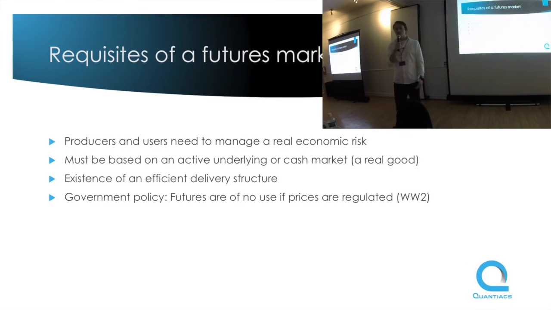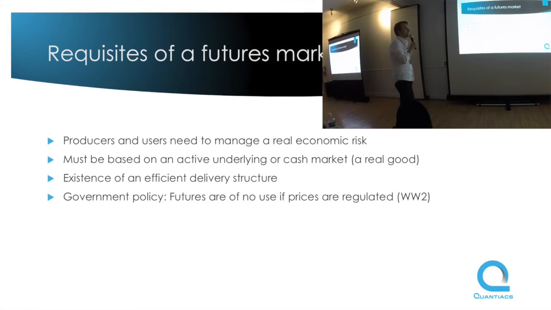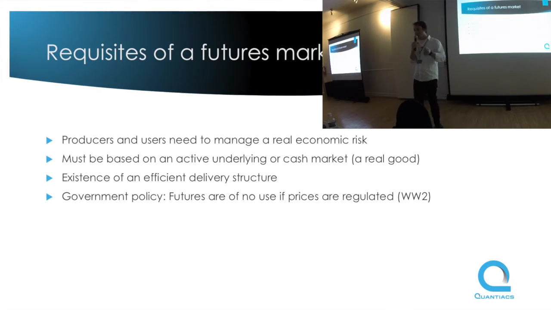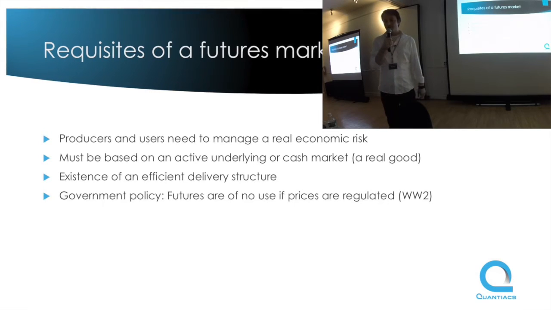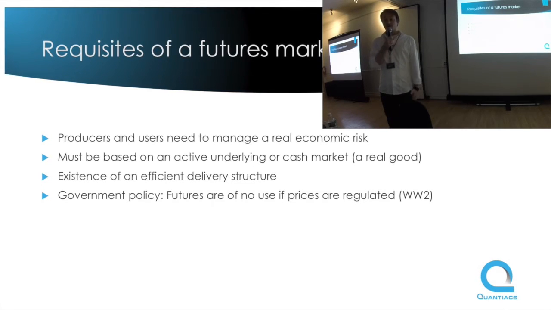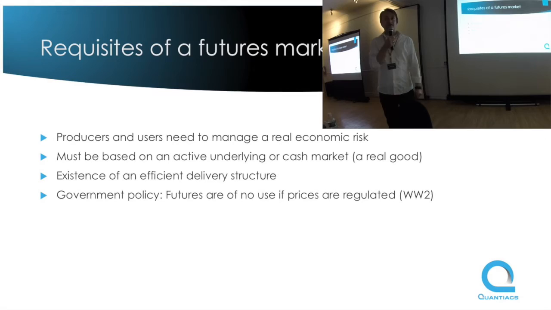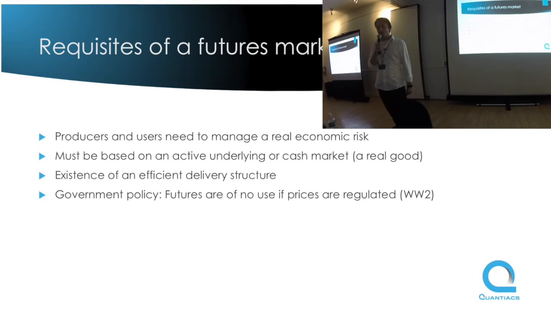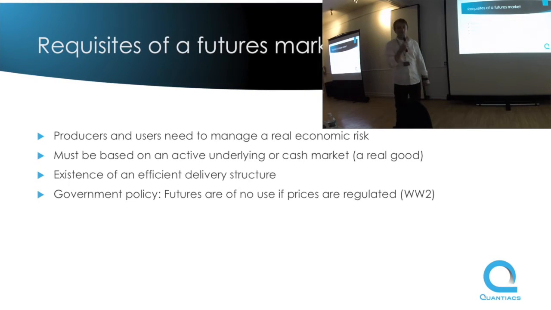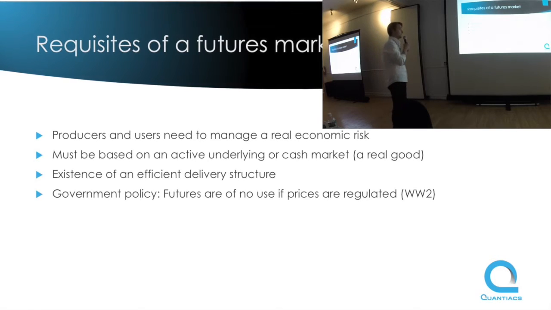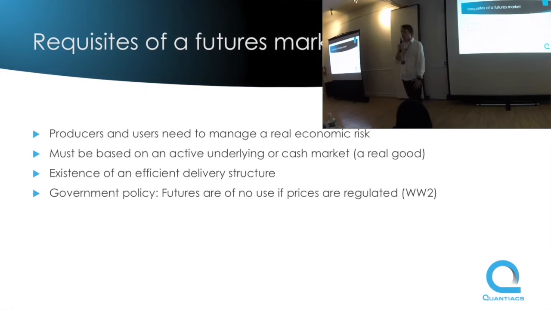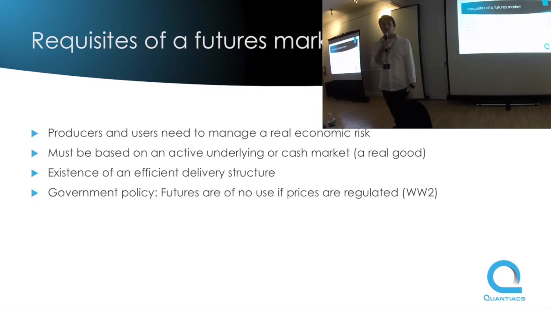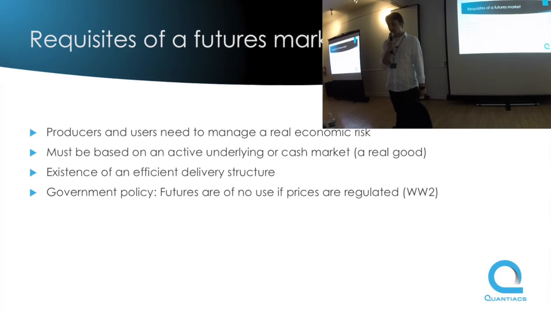So in terms of crude oil, producers of crude oil, people who own an oil drilling plant, and people who own a refinery have to manage real business risk. They have to manage the price of crude oil at future dates. And that's one of the requisites of futures markets. So they need a vehicle, a future, in order to manage the risk of price changes of the underlying markets.